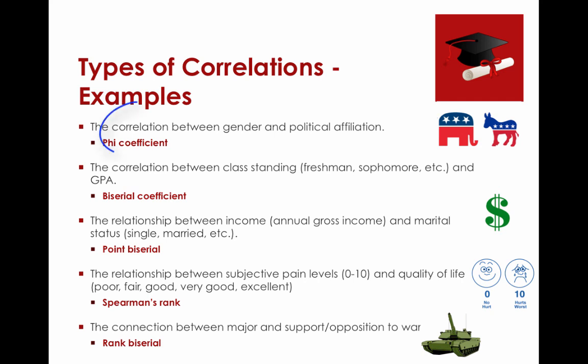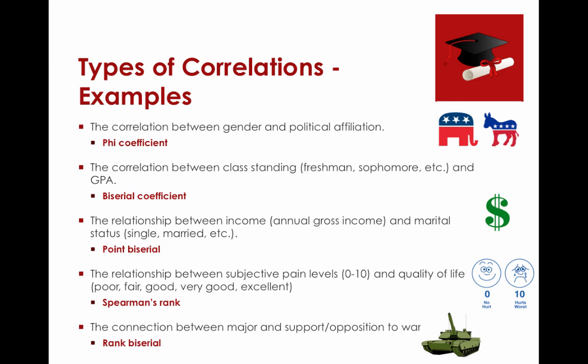Notice that I use correlation, relationship, and connection all interchangeably to really describe the relationship between two different variables. So know when you see correlation, relationship, or connection that I'm really talking about the relationship between two variables, which then means we're talking about correlation coefficient.